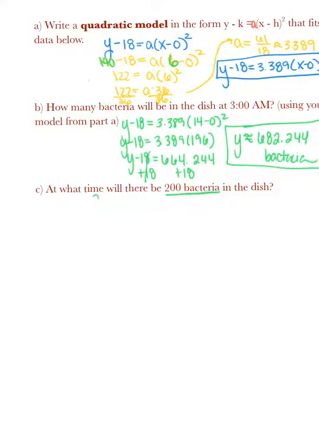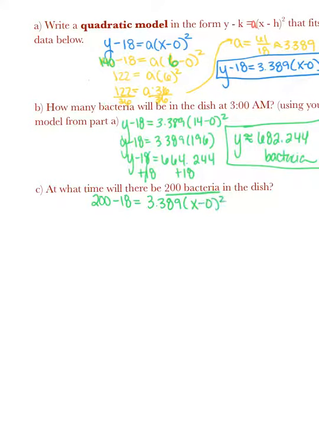So I'll have 200 minus 18 equals, I say a, but it's actually the 3.389. I already found that from a model. 3.389 times x minus 0 quantity squared, where that 0 is going to be nice for this one.